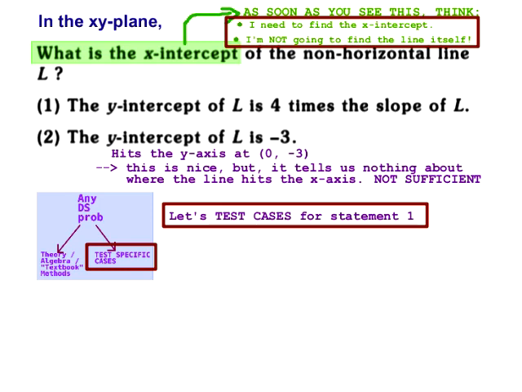Okay, you can pick a slope, and then that'll give you the y-intercept, which is just 4 times that. And then that'll give you a line, right? So let's do that.